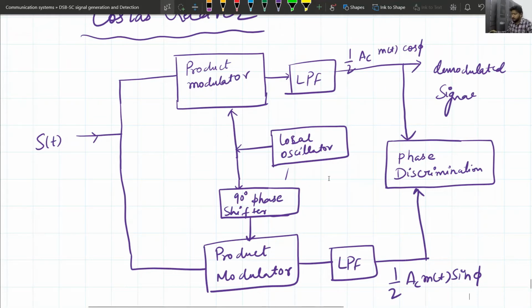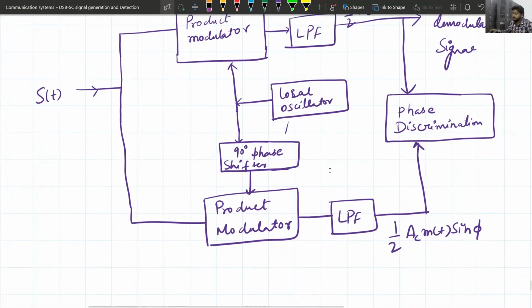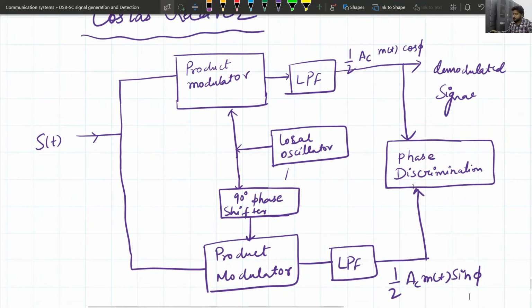So this is the block diagram of the Costas receiver. Now what's happening here? The incoming DSB-SC signal is passed through two channels.